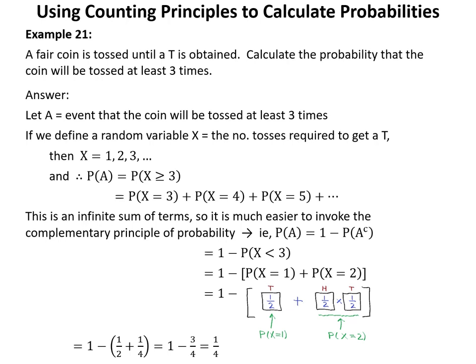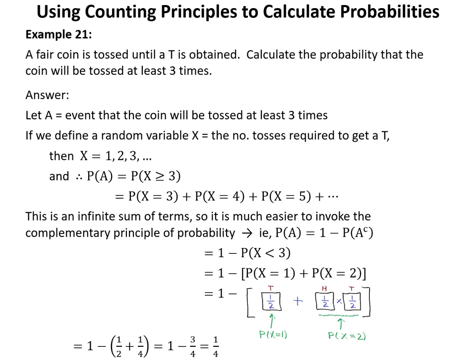Now that equals the probability that x equals 3 plus the probability that x equals 4 plus the probability that x equals 5, and so on without end. And this is a problem because it's an infinite sum of terms. In order to avoid doing an infinite number of calculations, it becomes feasible by necessity to invoke the complementary principle of probability here, which is that the probability of A can be worked out as 1 minus the probability of A complement.